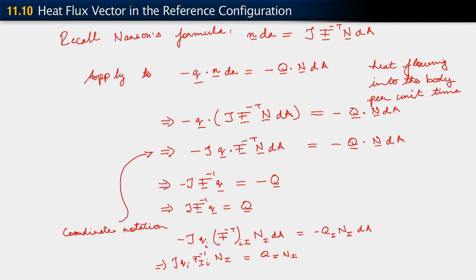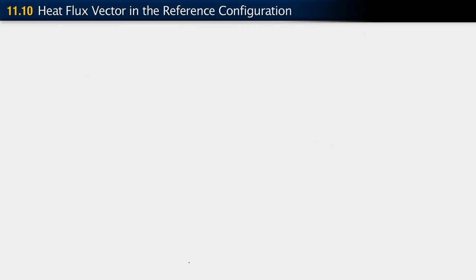Okay, now we'll go over to the next slide here and observe that what we have is, just rewrite what we wrote there. We had J, we had F inverse, okay, and using the fact that these are just multiplications and multiplication is commutative, we have F inverse_Ii q_i acting on N_I equals capital Q_I N_I.